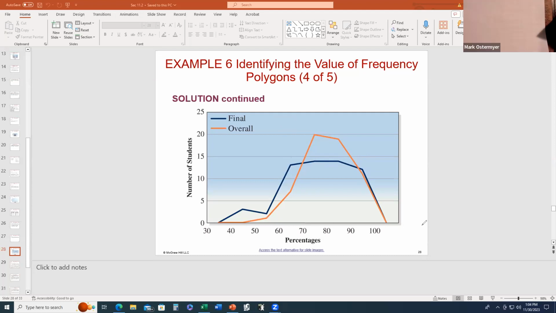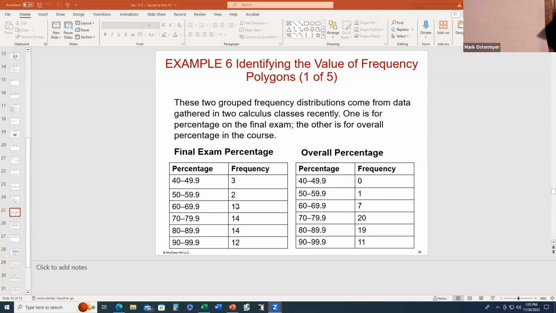Now, I have a question for you, ladies and gentlemen. Could I have made a dual frequency histogram from these two data sets here? Do you think that would have worked? From these two frequency distribution data sets, do you think I could have made a dual frequency histogram?